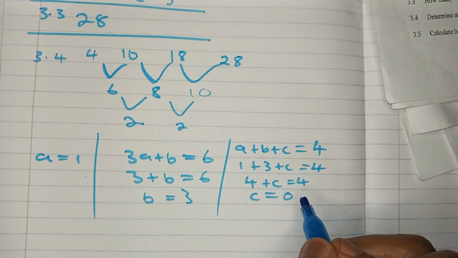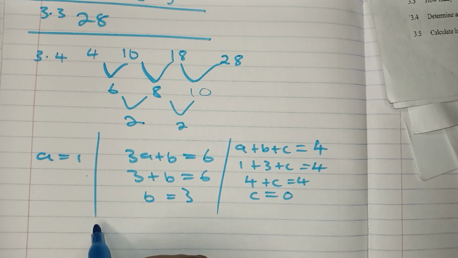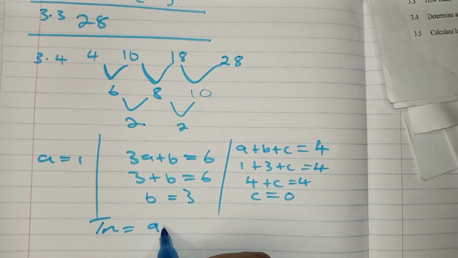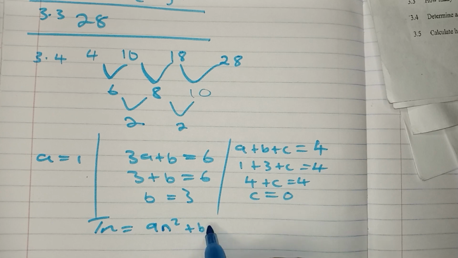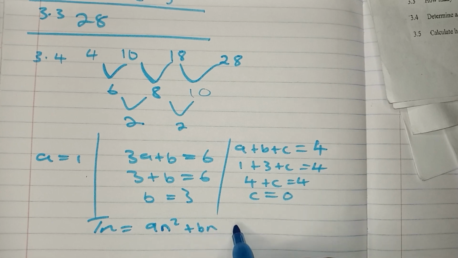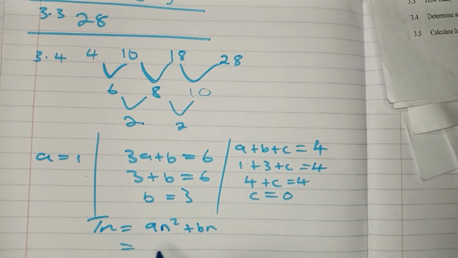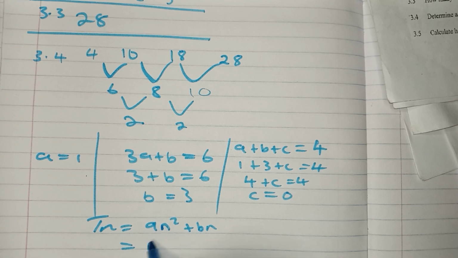So let me see how it's going to look. It's going to be tn is equal to an squared plus bn, and then this part is 0. So let us substitute. It's going to be n squared plus, b was 3, and then n.